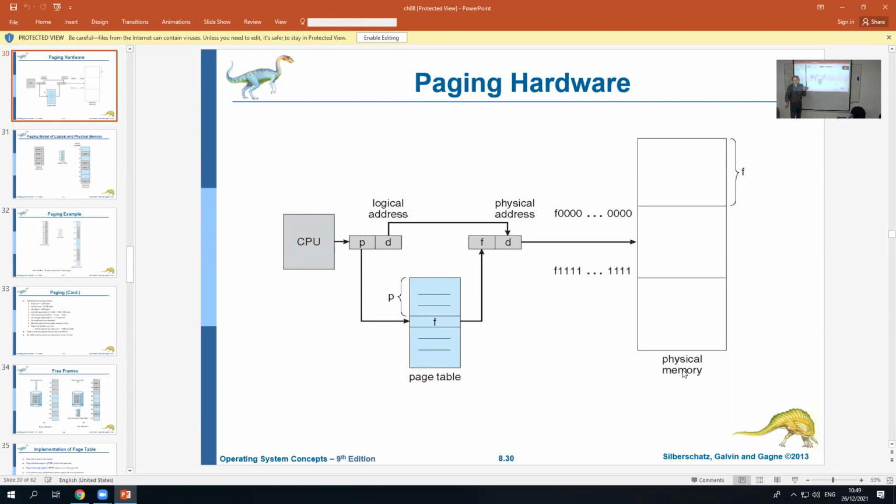Because the page table is larger than a single page. The page table is 4 megabytes. So we're going to take this and say, this is page 1, this is page 2, this is page 3, this is page 4, and we're going to have a lot of pages actually, and we're going to have a page table for the page table to tell us where in memory these pages are. So you see how we're going to get complicated.